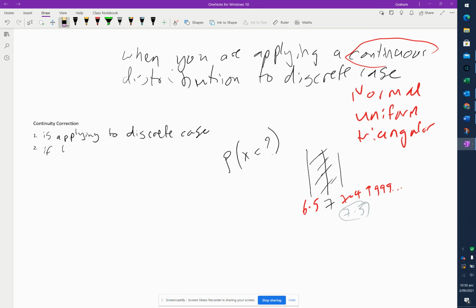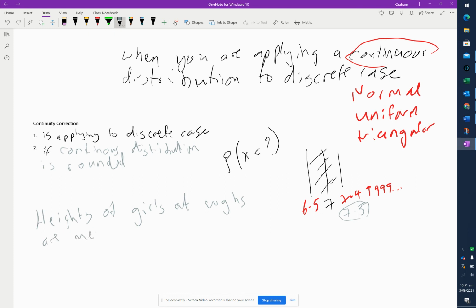So it's a continuous distribution, so if I said something like, heights of girls at Westlake Girls High School are measured in centimeters to the nearest 5 centimeters.